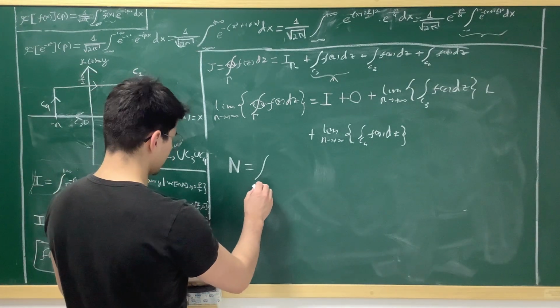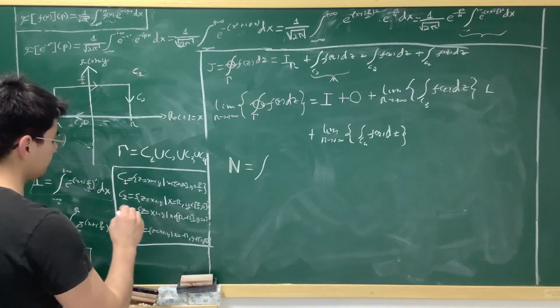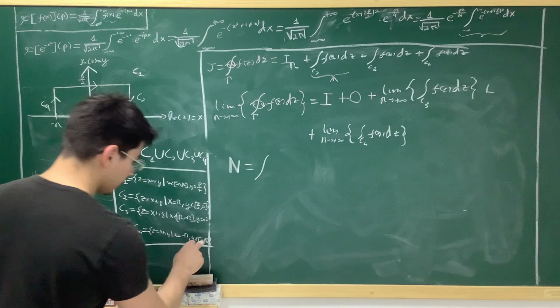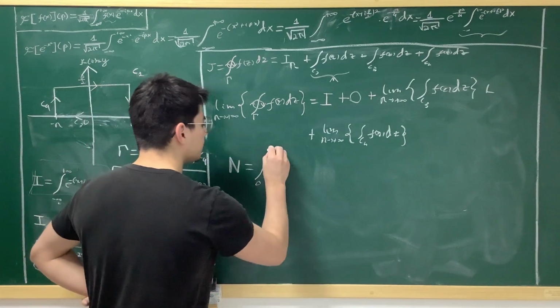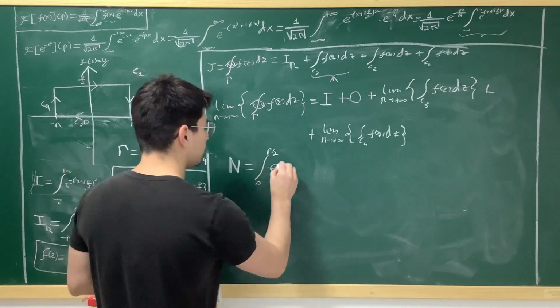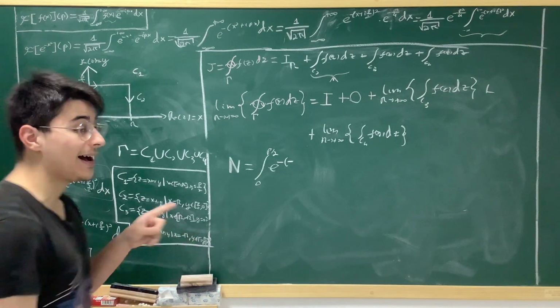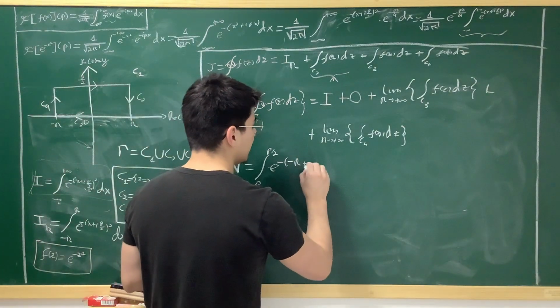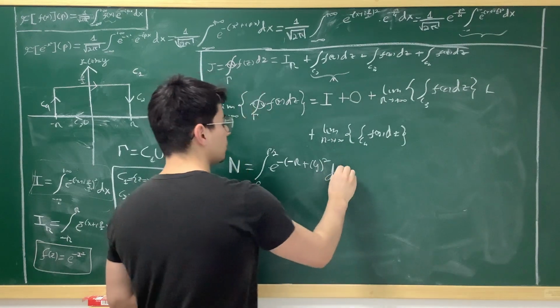So here, y is going from 0 to p over 2. Sorry, this should be p over 2. It's going from 0 to p over 2 of e to the minus, in this case, x is minus r plus iy, squared dy.